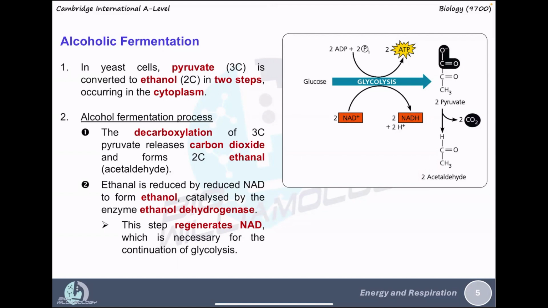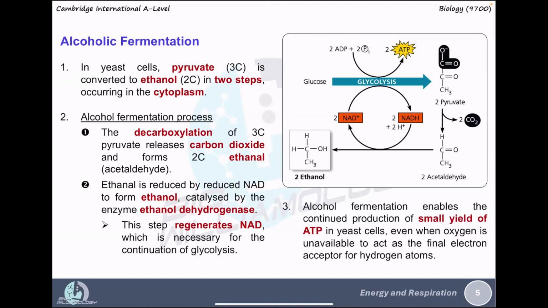At the same time, because reduced NAD releases a hydrogen atom, it is itself oxidized back to NAD. This reaction is catalyzed by the enzyme ethanol dehydrogenase. So alcoholic fermentation enables the continued production of a small yield of ATP in yeast cells, even when oxygen is unavailable to act as the final electron acceptor.